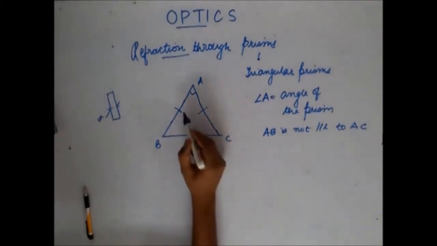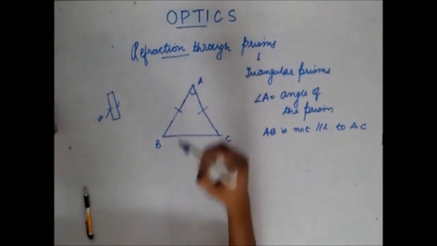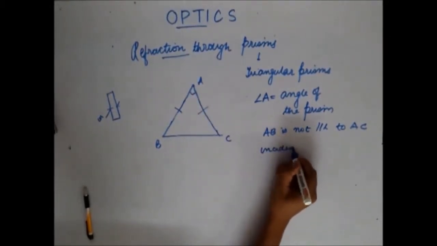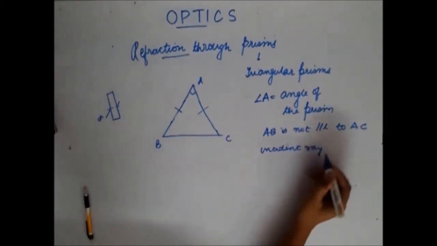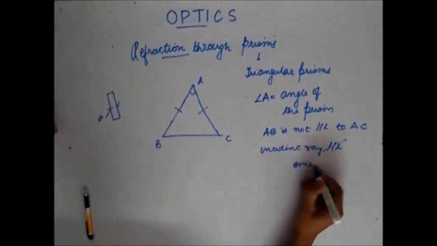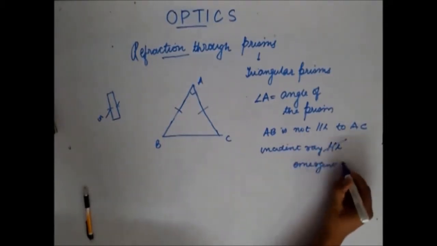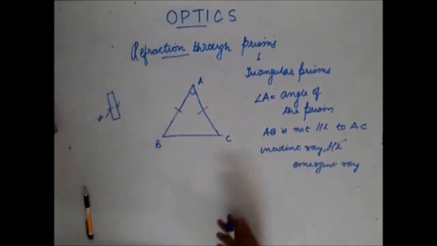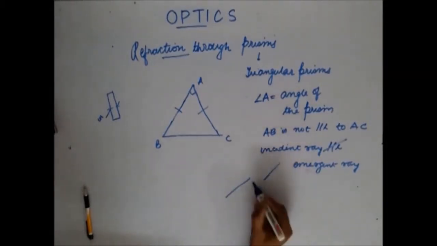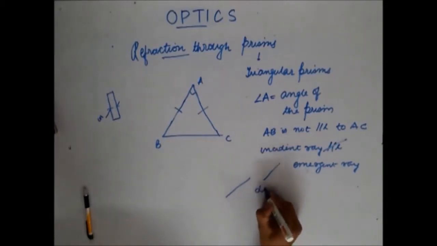But in this case, as AB and AC are not parallel, the incident ray won't be parallel to the emergent ray, which finally means that since the incident ray is not parallel to the emergent ray, there is a deviation occurring.